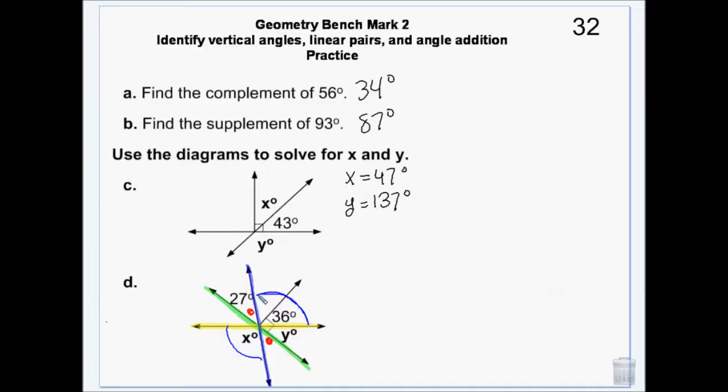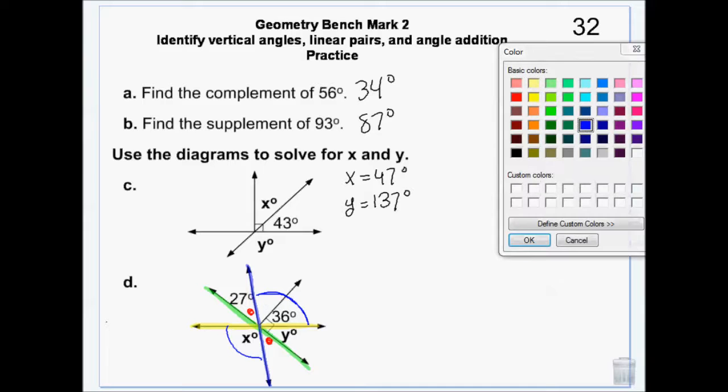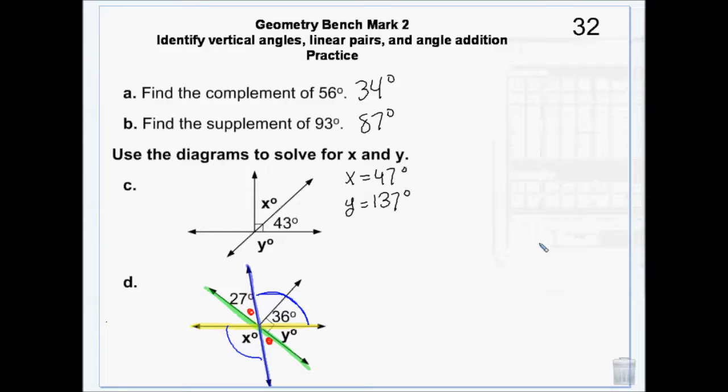How's X 47 on C? 90 minus 43. Okay. So then my other set of congruent angles come from the green and the yellow. This angle and this angle are the same.